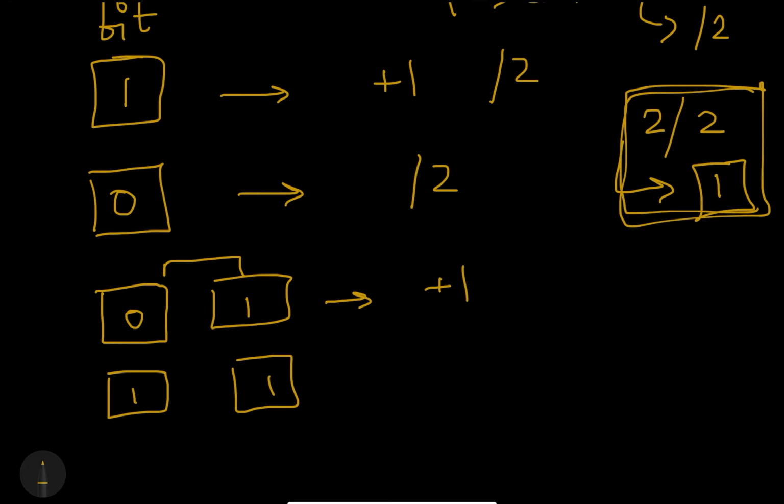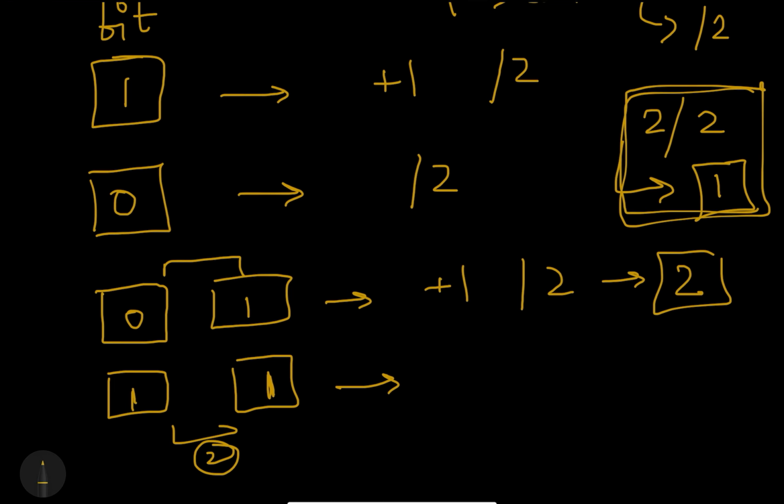Then we have to perform two operations, that is plus 1 then divide by 2. And if the bit is 1 and the carry is also 1, then it would become 2, which is an even number. We'll divide it by 2 and we would get our 1. Then only one operation would have been performed.